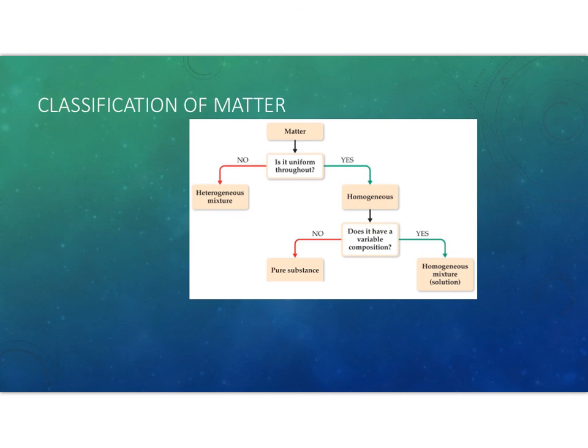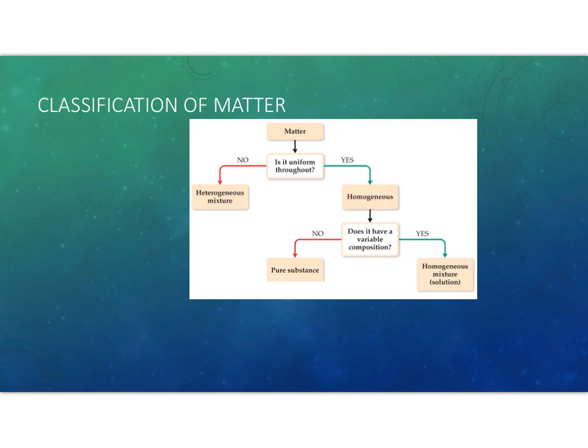But if my substance has definite composition and the answer to our question is no, that means we have a pure substance. Pure substances do not vary in composition. Recall that a pure substance, like water, always has a definite ratio of 2 hydrogen atoms to 1 oxygen atom. We still have one more problem.